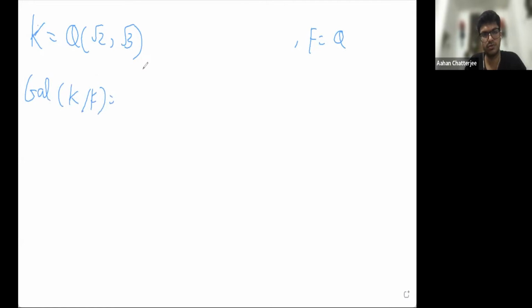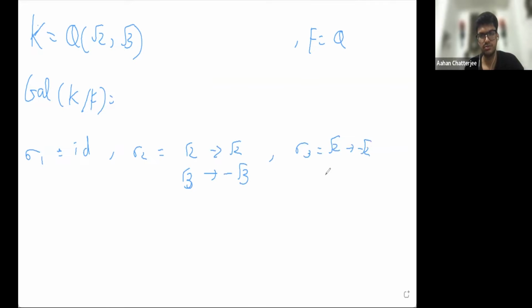So this will have degree 4, and the elements are: one element is the identity; sigma 2, where root 2 gets sent to root 2 and root 3 gets sent to minus root 3; sigma 3, where root 2 gets sent to minus root 2 and root 3 gets sent to root 3; and sigma 4, where root 2 gets sent to minus root 2 and root 3 gets sent to minus root 3.